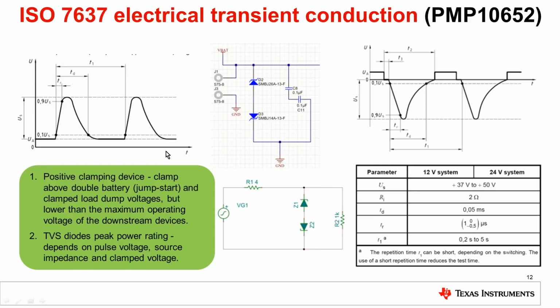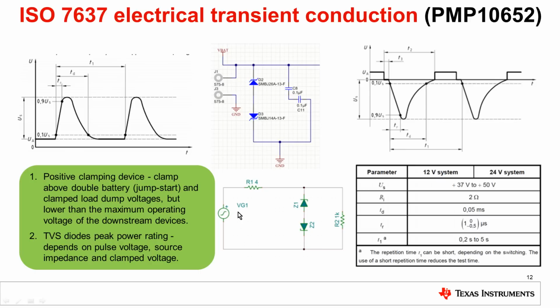But this clamping voltage needs to be lower than the maximum operating voltage of the downstream devices. So in this application, a 30 volt TVS is chosen. Now the 30 volt is above the 27 volt load dump voltage and also below the 36 volt DC to DC converter voltage.